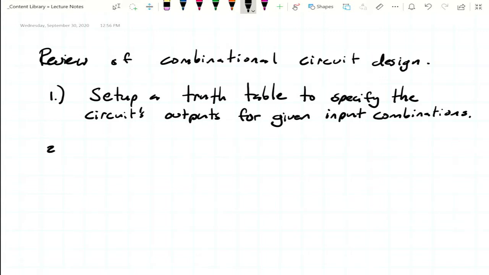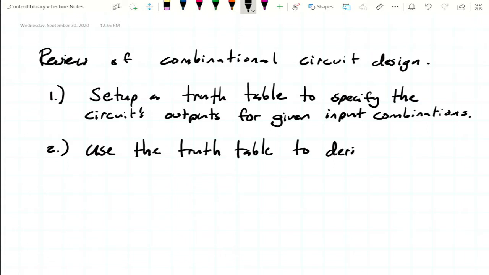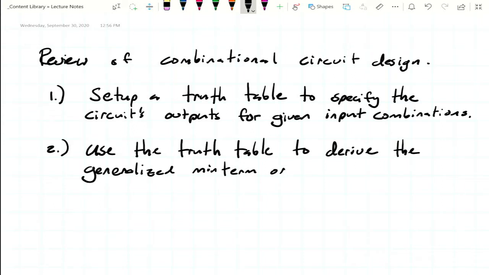That's where we'll start. Step 2 is use the truth table to derive the generalized min-term or max-term expansions.